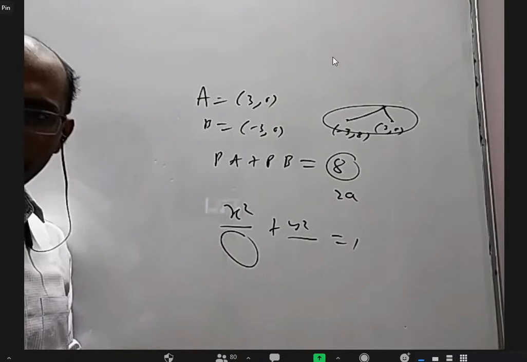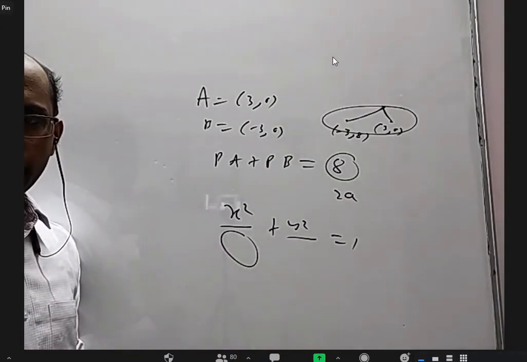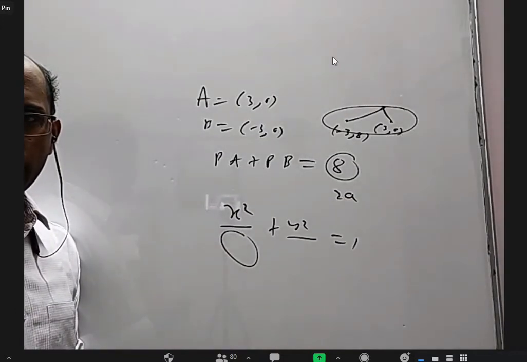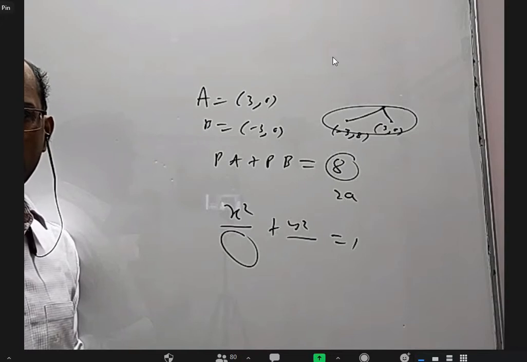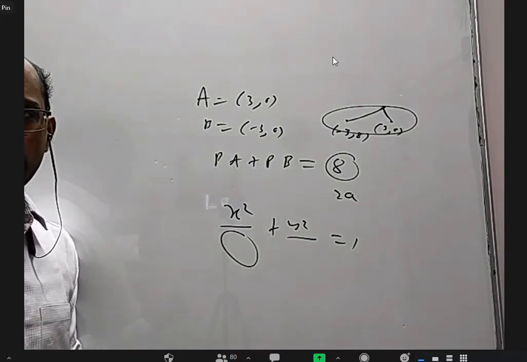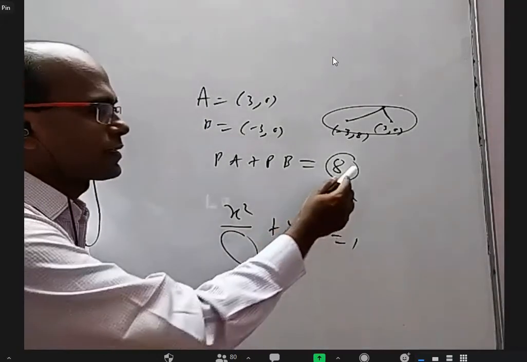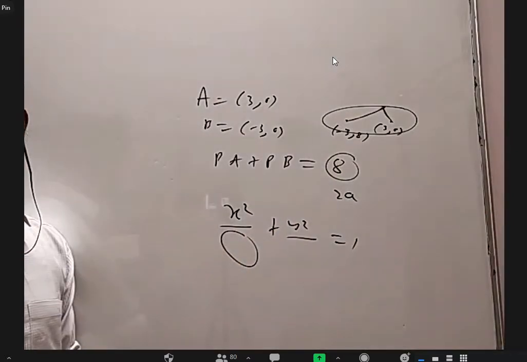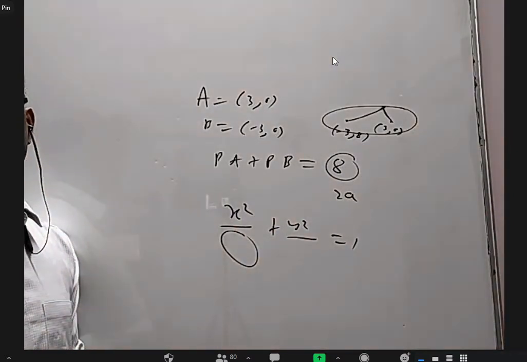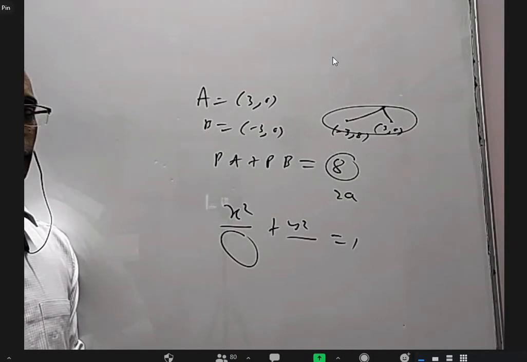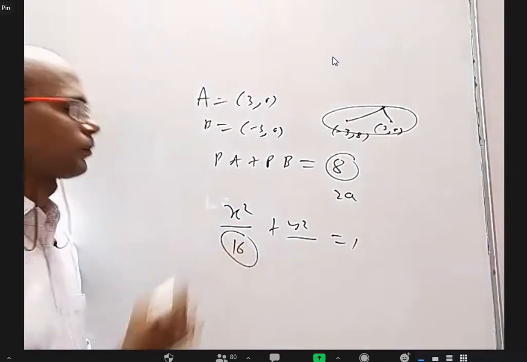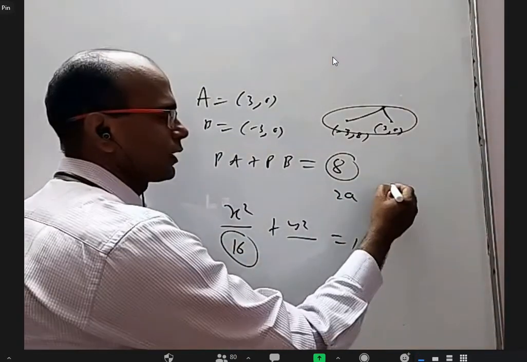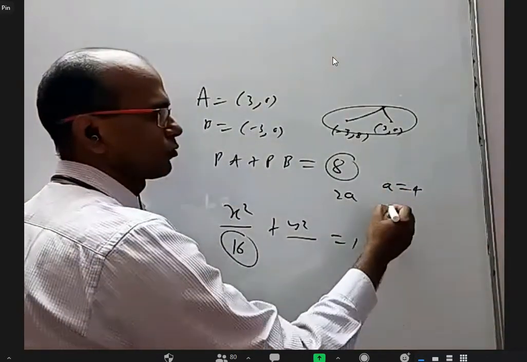So what should I write here? 2a is 8. So a square is 16. Okay, so I know 2a equal to 8 means a equal to 4 and a square equal to 16.